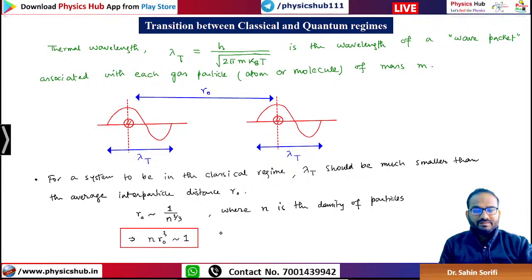Now what will happen if this distance R0 becomes smaller and this lambda T becomes larger? What will happen according to you?